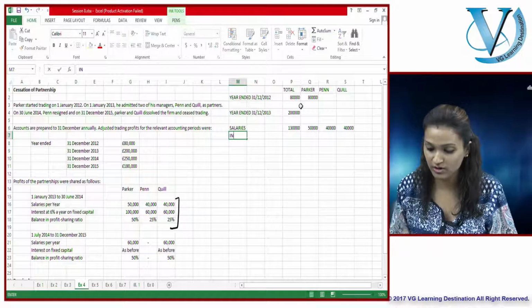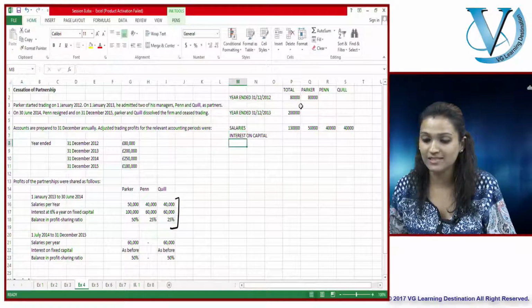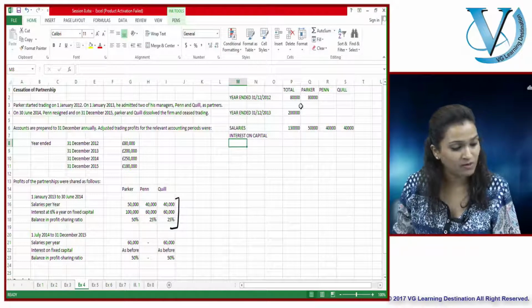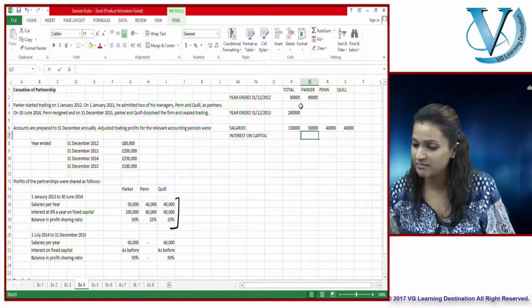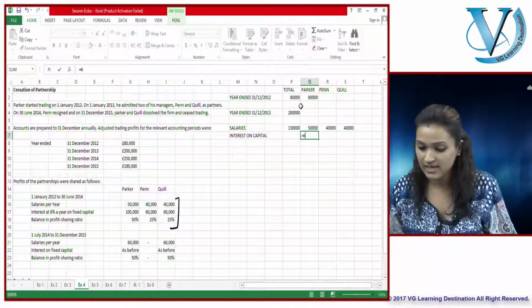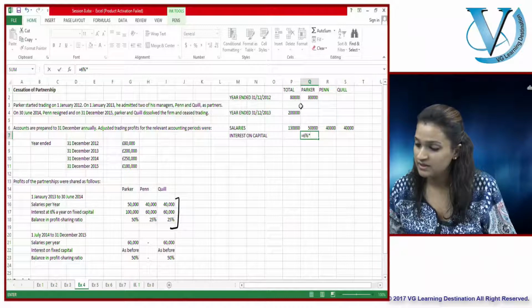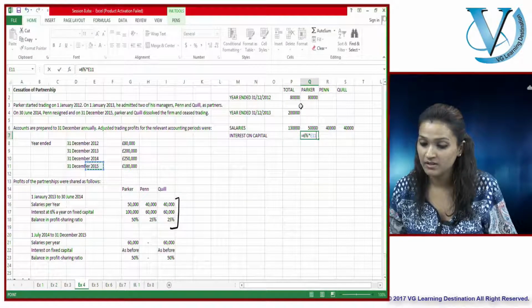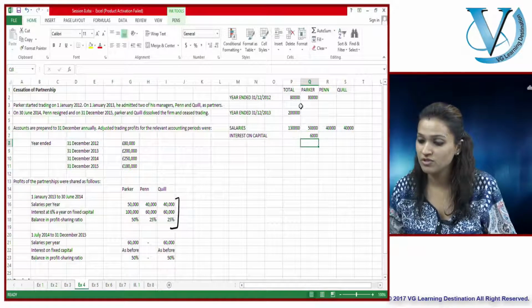Next, we have interest on capital, which has been told to us as 6% on fixed capital. Let me bifurcate it amongst the three partners: 6% of 100,000 pounds.